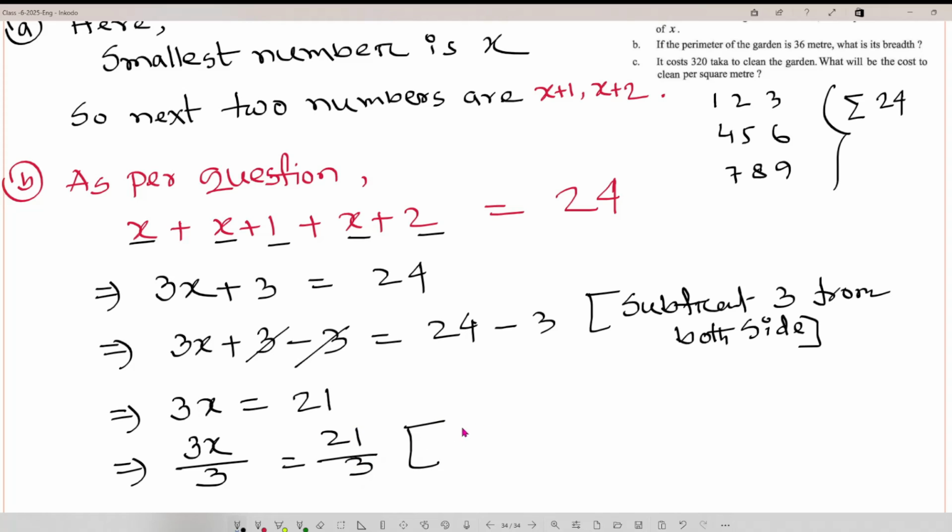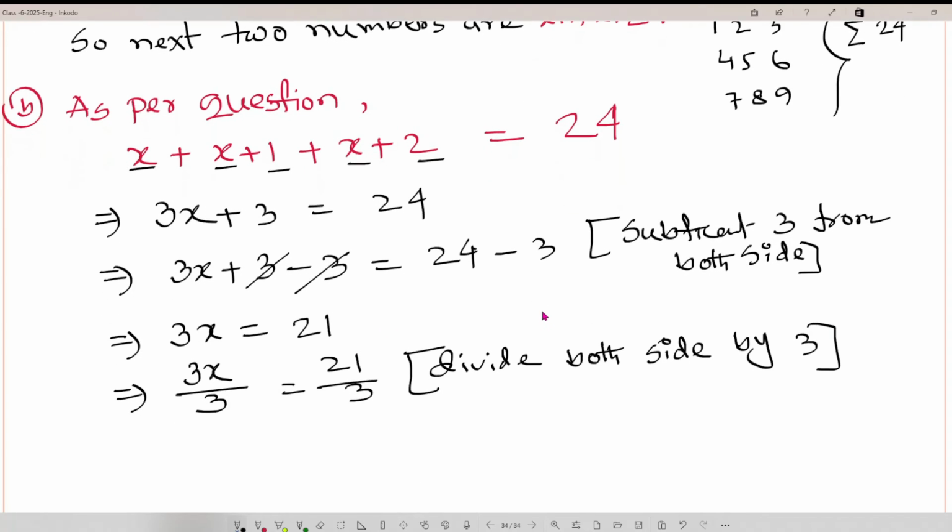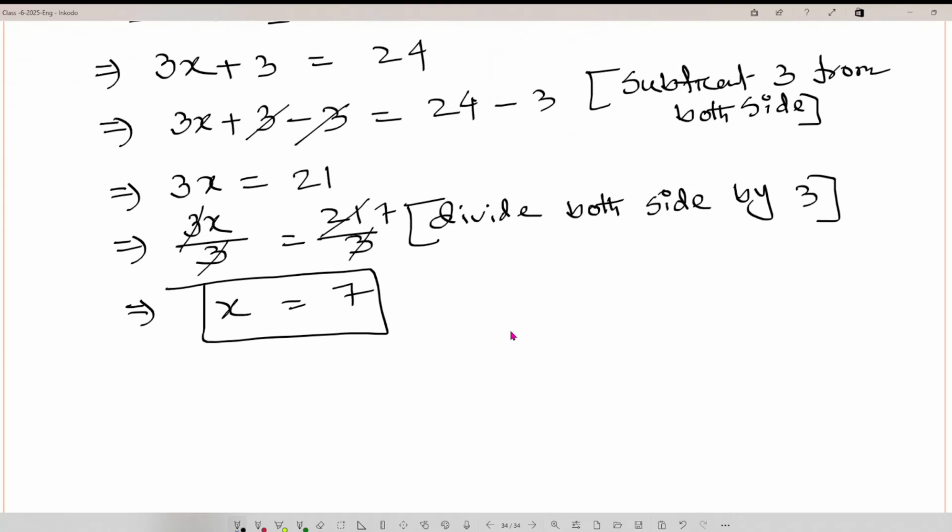Again a sub note, we can write divide both sides by what? 3. Okay, now 3 divided by 3 is 1. So 1x means x and 21 divided by 3 is 7. So x equals to 7 and this is the smallest number.